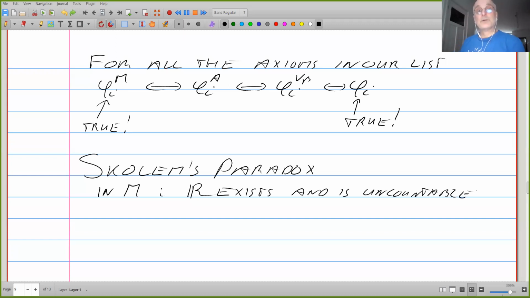Then we get an uncountable member of M in a countable universe. Think about that for a week, and maybe next week we'll talk about it a little bit more. It has something to do with the non-absoluteness that I mentioned a few moments ago. Uncountability is non-absolute, and that has something to do with the resolution of Skolem's paradox.